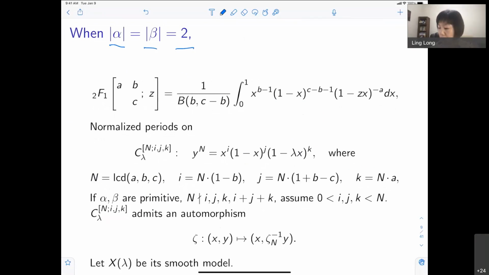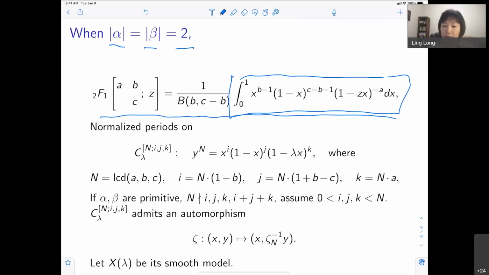So this is, by the definition, the Euler integral formula. The normalized 2F1 function is going to be this integral with a normalizing factor.